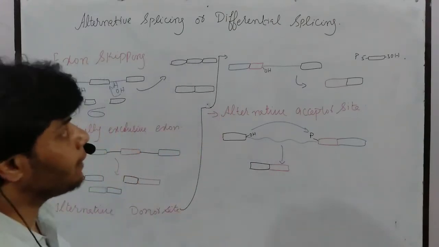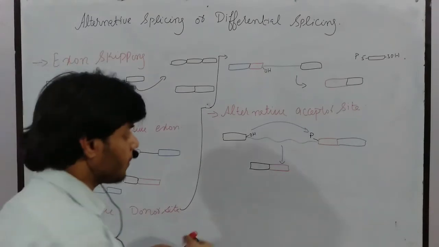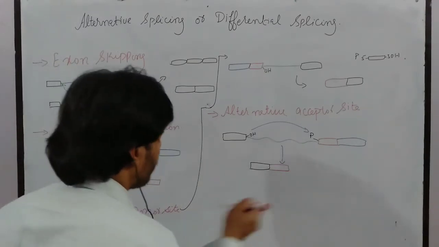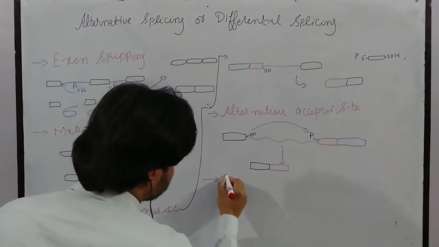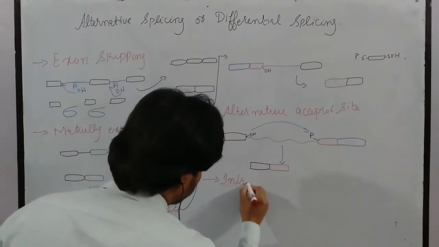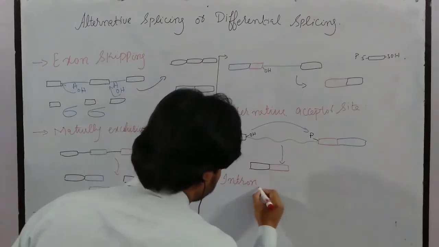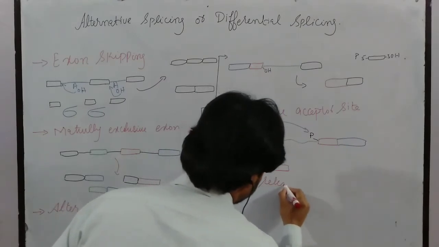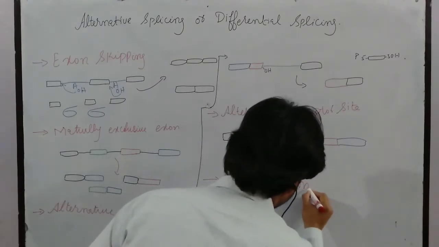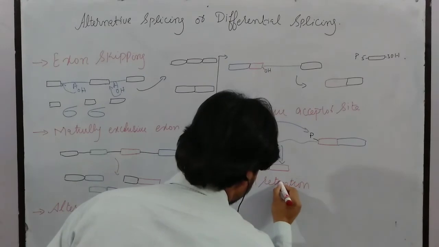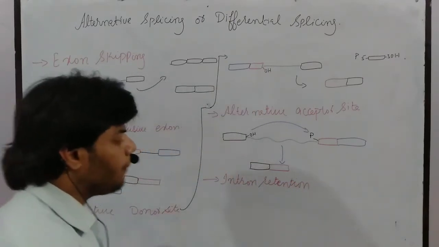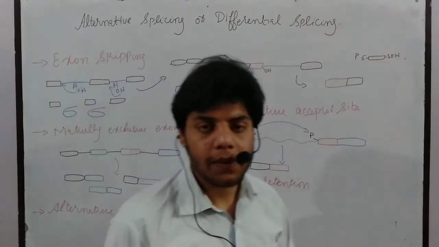Another possibility that may also occur in alternative splicing, which is very rare, we call intron retention. Let me write intron retention. Now what happened in intron retention?